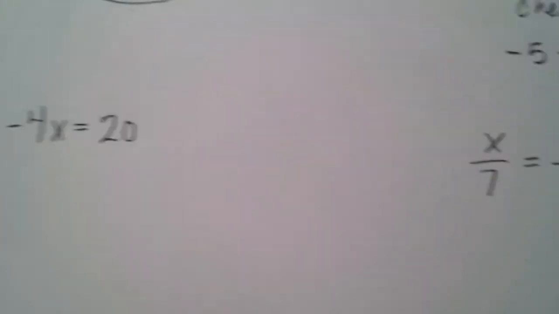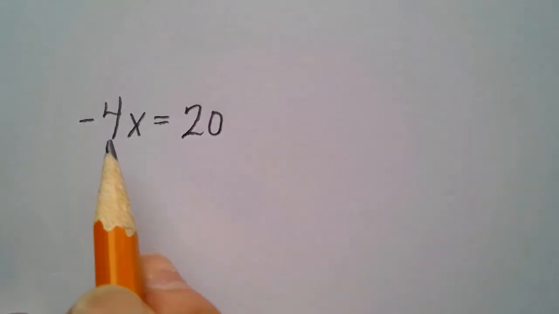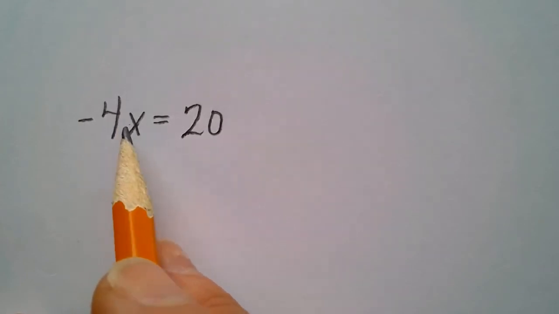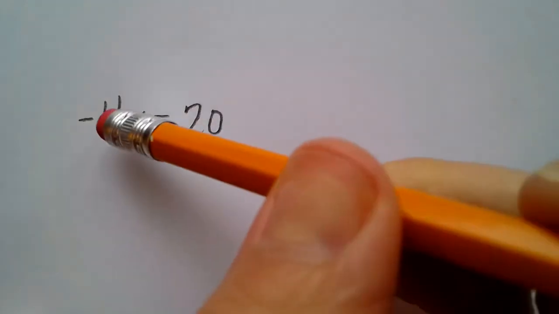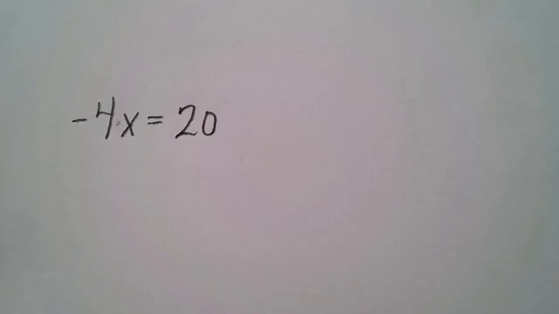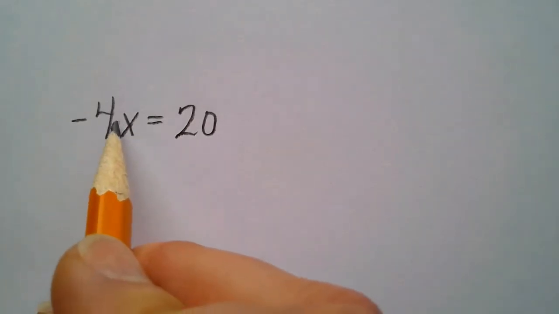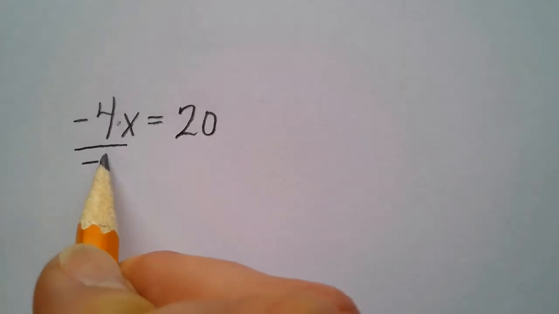My next example, I've got negative 4 times x, this is multiplication, equals 20. This is similar to what we did with cross products. We were solving these one-step equations that look just like this, these multiplication one-step equations, with solving proportions for a very long time. So this one should come very naturally to you by now. You're just going to divide both sides by negative 4.